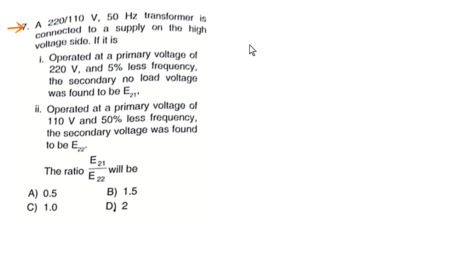The basic formula for the transformer EMF is E equals 4.44 into f into N into phi. You know that. Sometimes you can use the formula 4.44 into f into N into B. Now in this question they are talking about EMF and frequency.